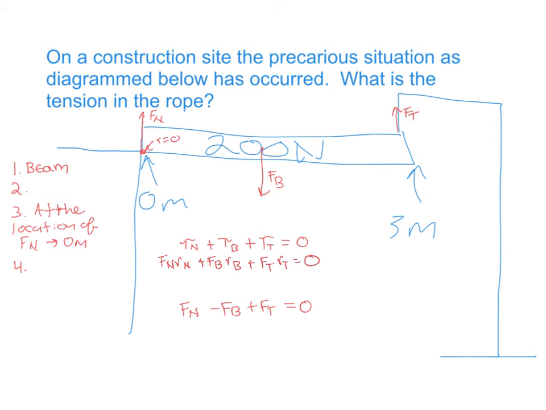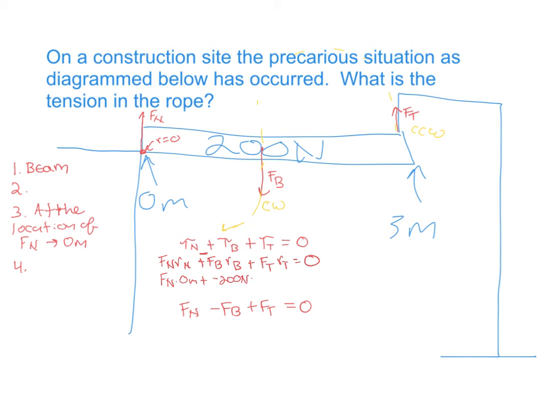Because we've set r equals 0 at the one end, the weight is going to cause clockwise rotation, and the tension is going to cause counterclockwise rotation. This means that I need to make this torque here actually negative. So I'm going to do Fn times 0 meters minus 200 newtons.